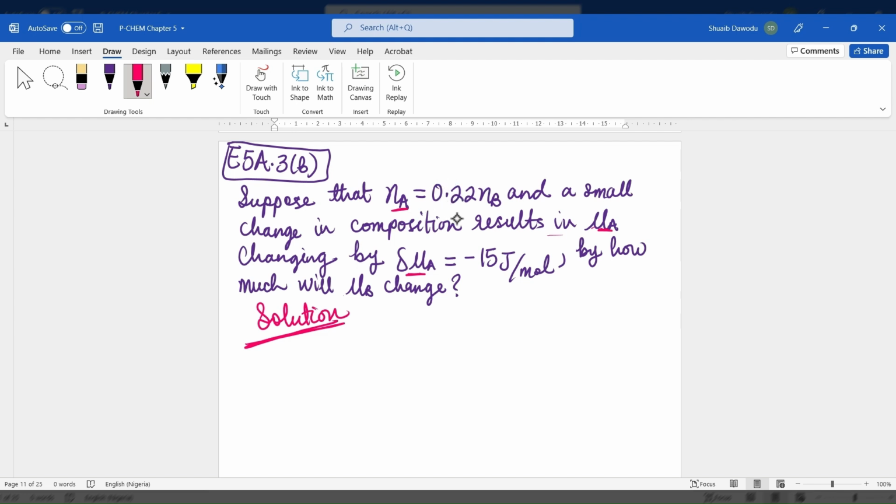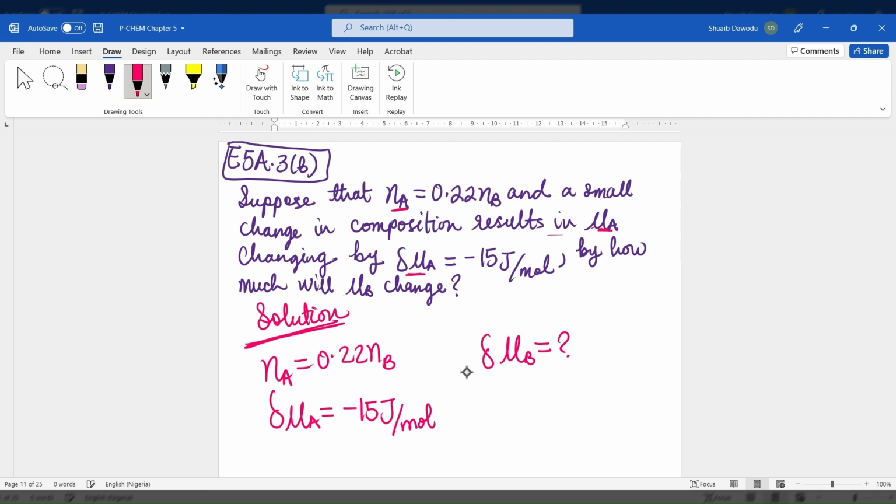We've been told the number of moles, we've been told the change in chemical potential of A, and we're asked to solve for the change in chemical potential of B. The number of moles of A, n sub A, is 0.22 n sub B. We don't need to know the number of moles of B because we've seen the relationship between the number of moles of A and of B. We are told the change in chemical potential of A is negative 15 joule per mole, and they want us to find the change in chemical potential of B.